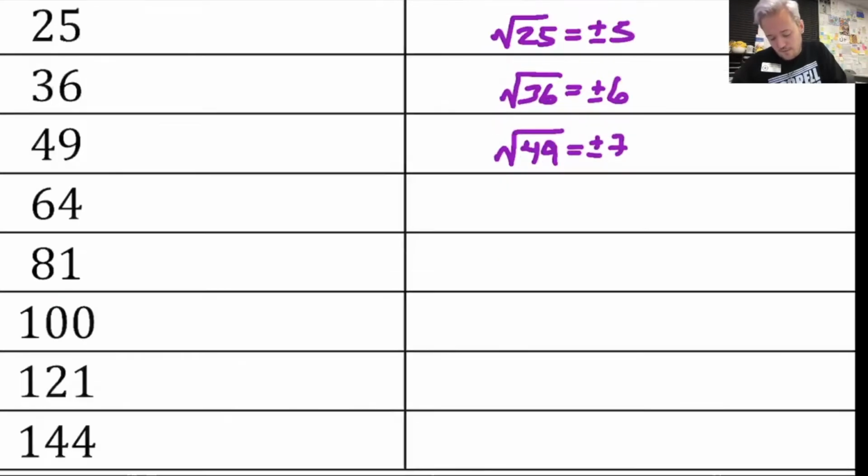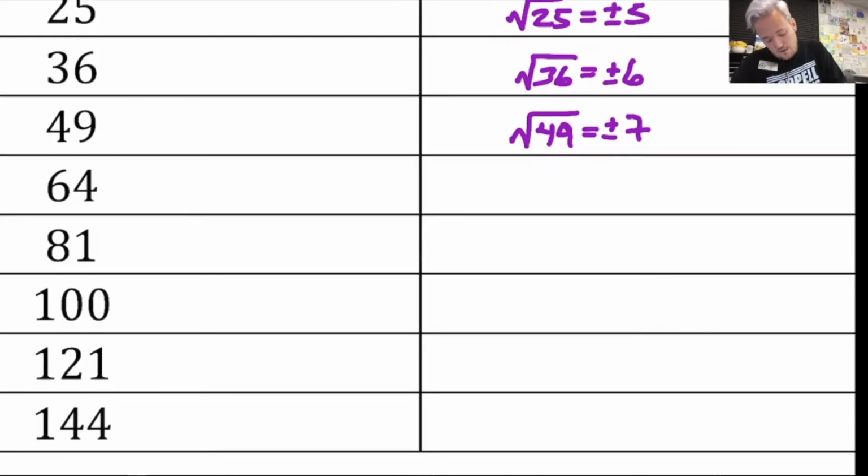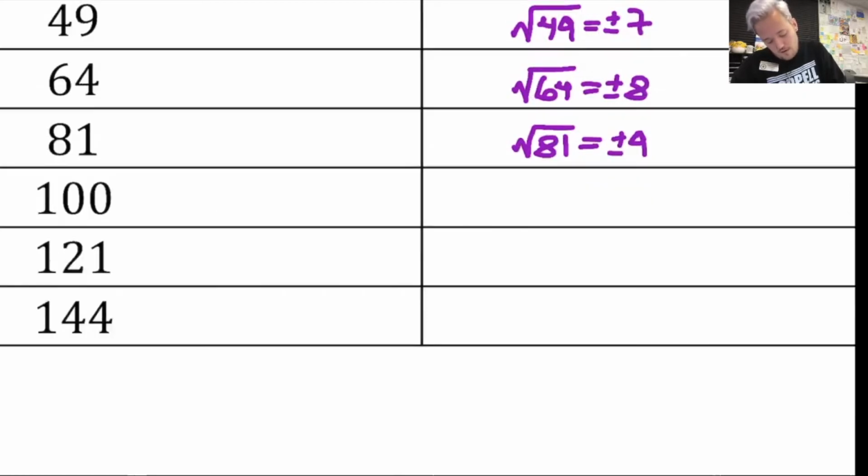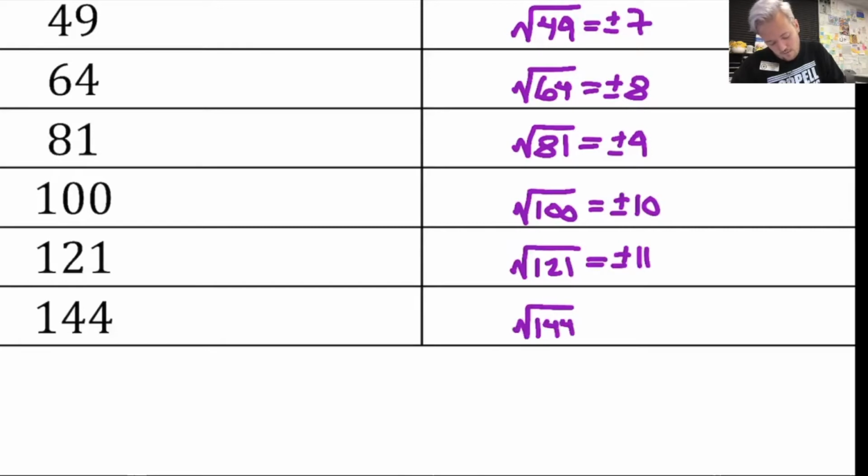There we go. All right, square root of 64, which gives you plus or minus 8. Square root of 81, plus or minus 9. Square root of 100, plus or minus 10. Square root of 121, plus or minus 11. And square root of 144, plus or minus 12.